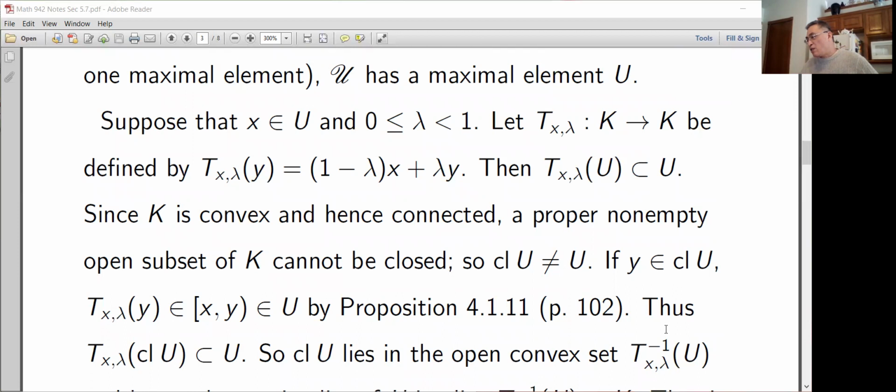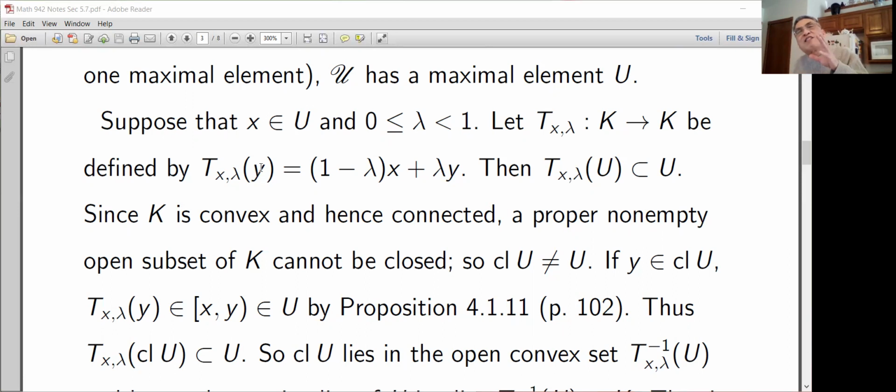And because this map T_x lambda is a kind of linear, okay? It's not really a linear map, it is a translation of a linear map. A linear map sends 0 to 0. This one does not send 0 to 0. So it is not linear, but it is close to linear.